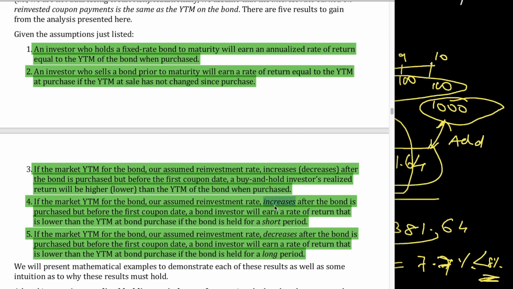Now when the interest rate is going up, still your returns will be lower than the YTM. Okay, interest rate is going up, so you are reinvesting at the higher rate only, but still your overall annual return will be lower than the YTM if it is held for short period. So when the interest is going up, how come the annualized rate of return is lower? That's what we are going to see now.